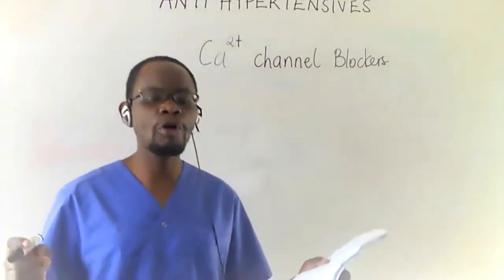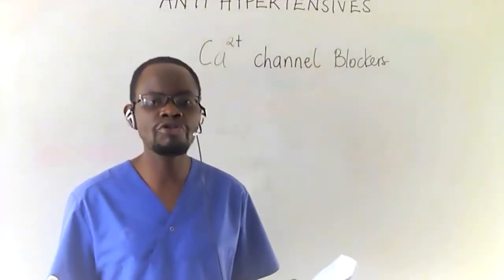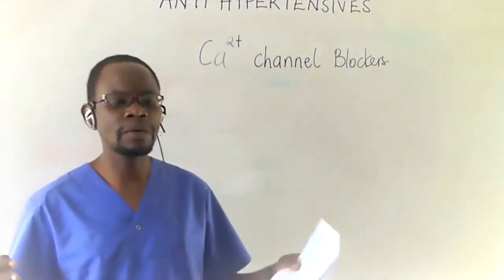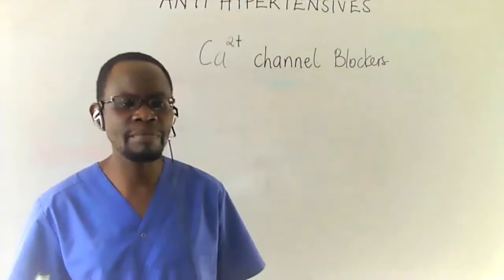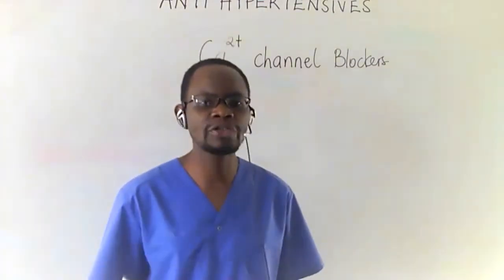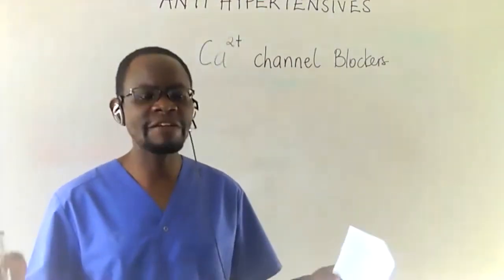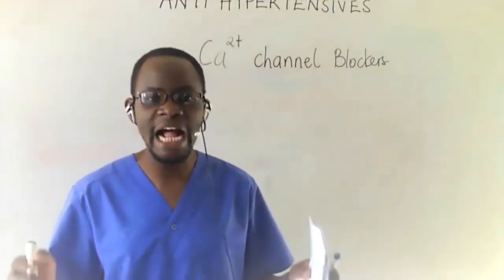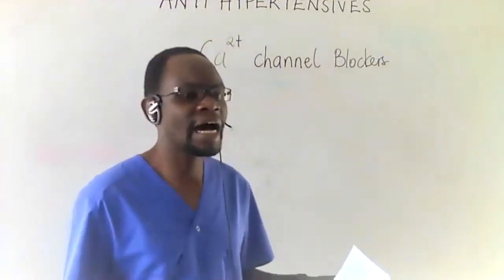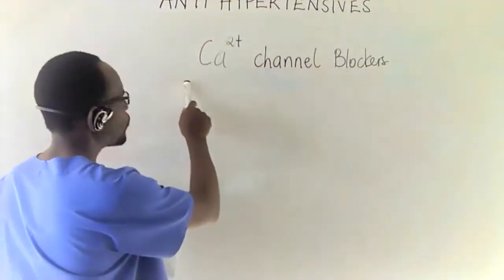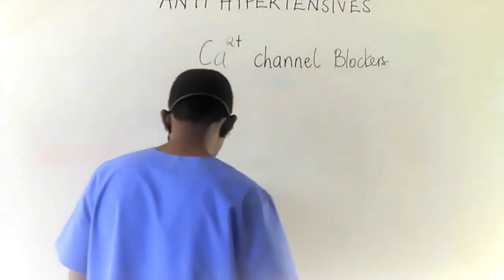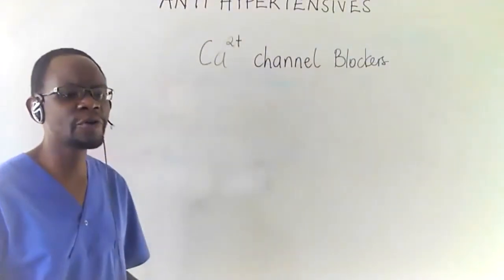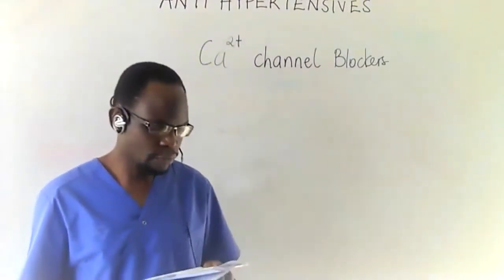because for muscles to contract, the actin and myosin relationship is basically facilitated by calcium ions. And if we give a calcium channel blocker, then we shall not have contraction of these muscles.